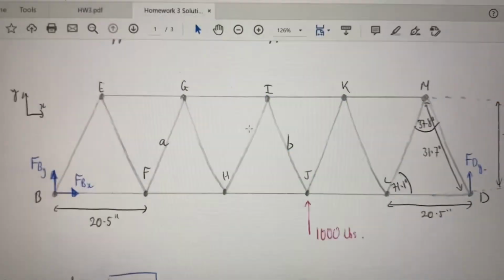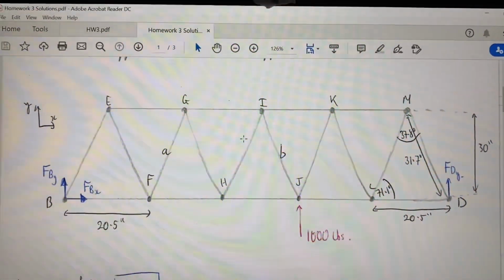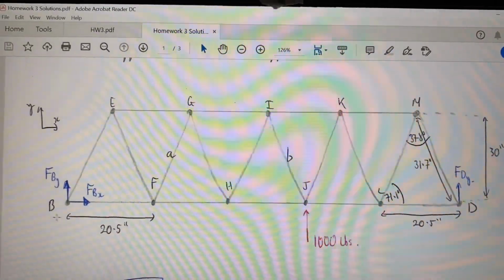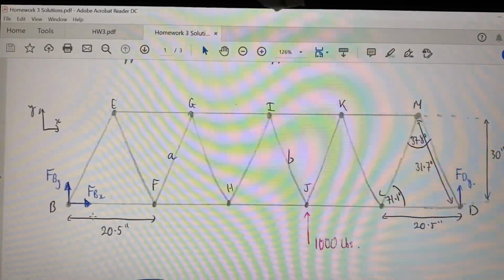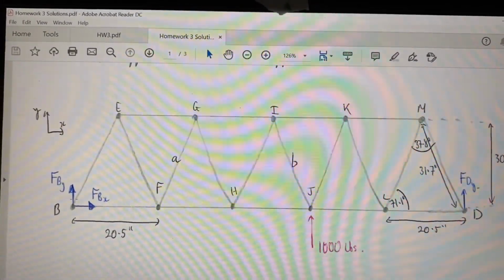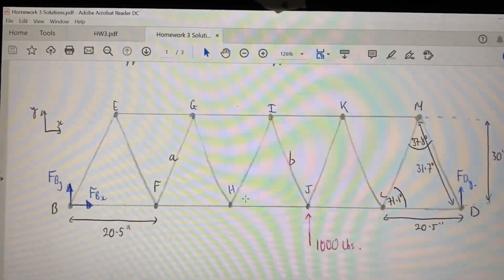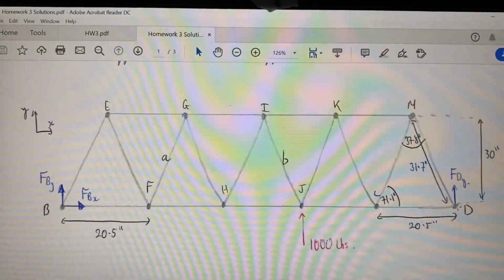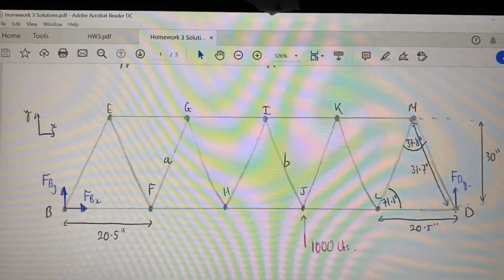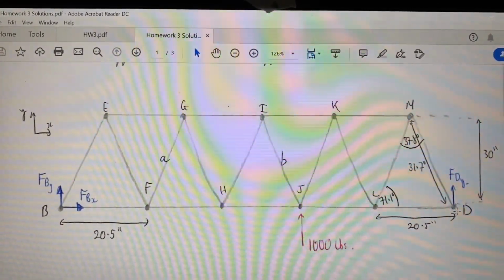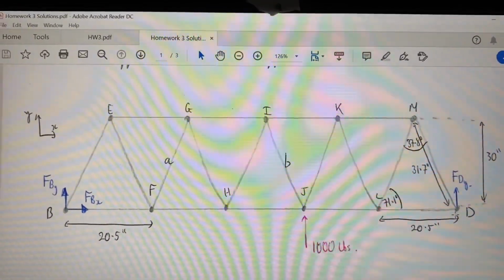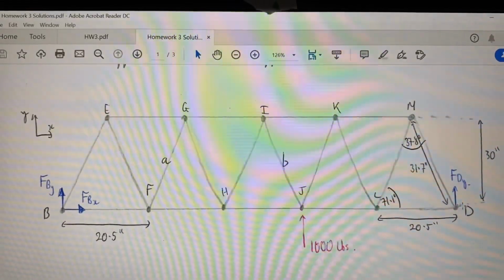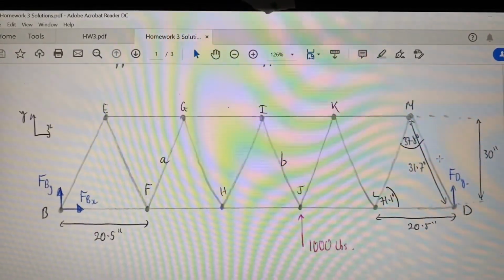So if you see in my example here, what I've done is I've chosen a pin support at point B, therefore I have these 2 reaction forces in the X and Y directions. And I've chosen to use a roller support at D, just so that my truss is supported, and that I'm left with at most 3 unknown reactions to solve.